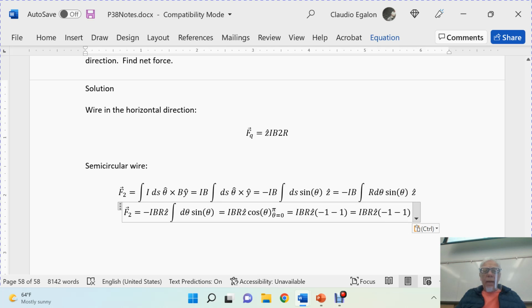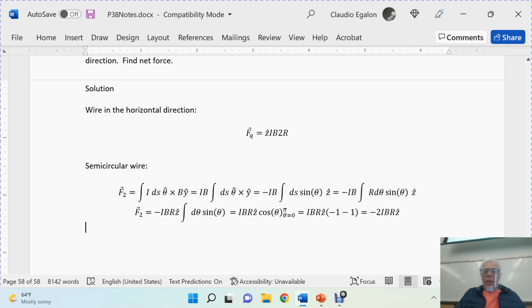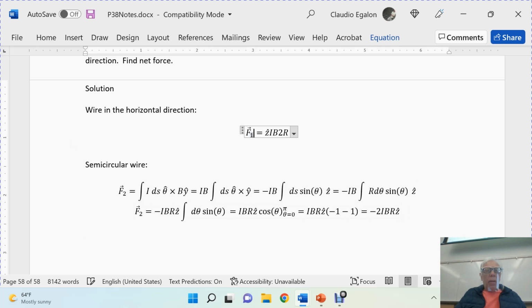We get a force that cancels out with the other force that we saw in the straight wire, 2IBR minus Z. So the net force in the semicircular wire is going to be 0.